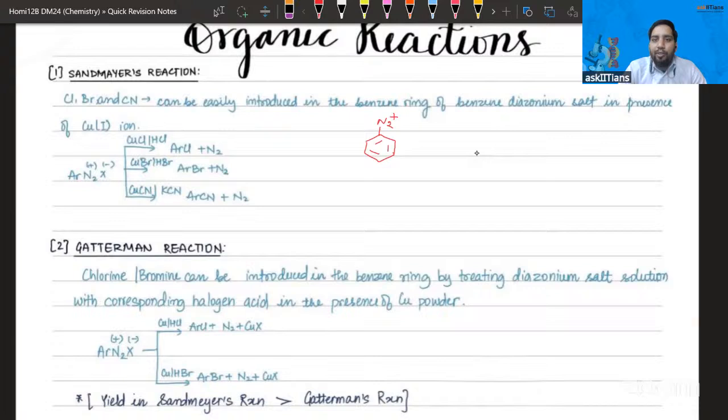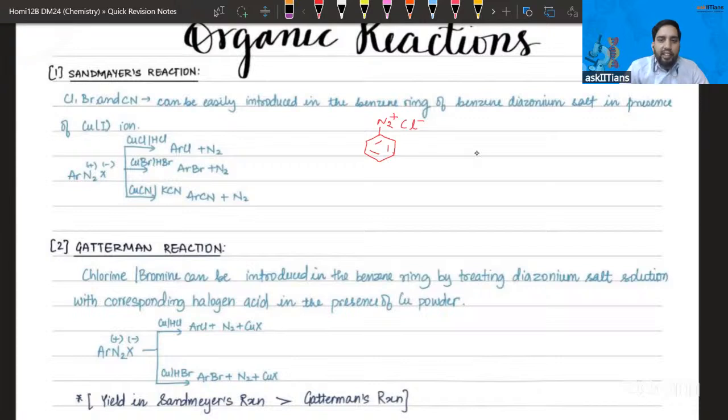As we all know, a positive charge cannot exist alone, so we are going to have some counter ion. In general, we take that counter ion as Cl negative. So this becomes benzene diazonium chloride or benzene diazonium salt.